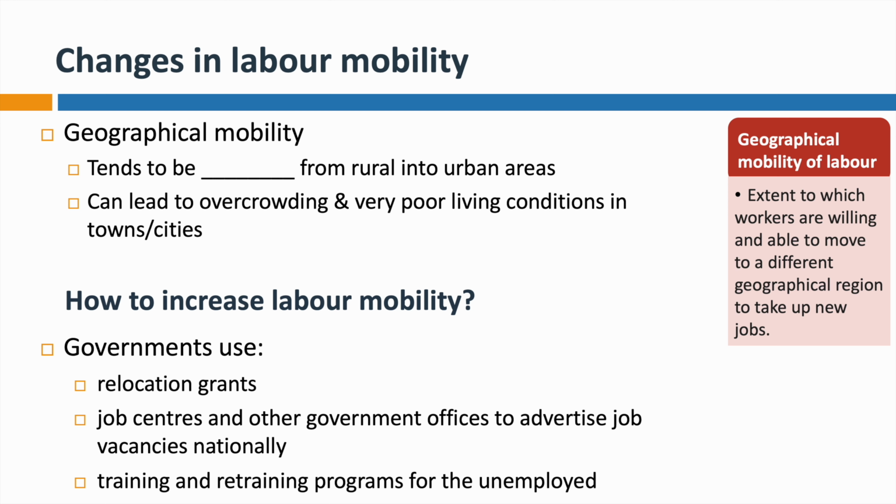And the last thing that governments often do is create training or retraining programs for the unemployed, and they even pay for your education, so that, for example, a person who finished in one industry can retrain themselves, get a different profession, and become employed in a different industry.